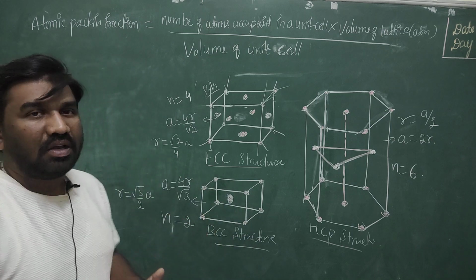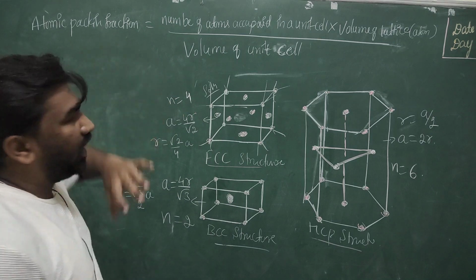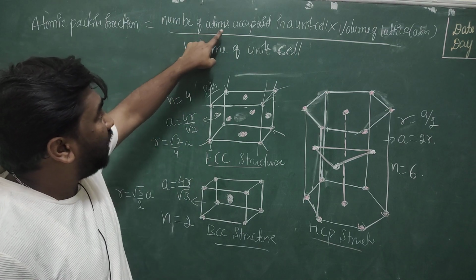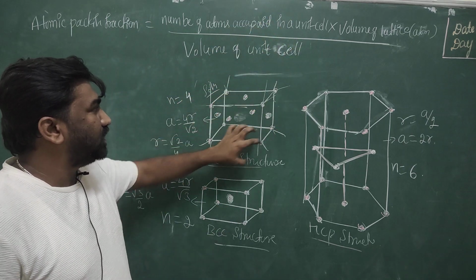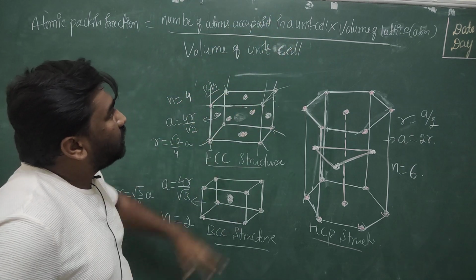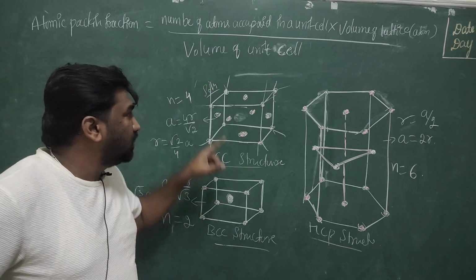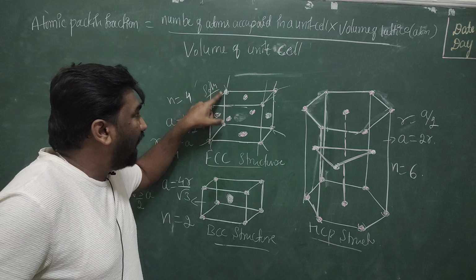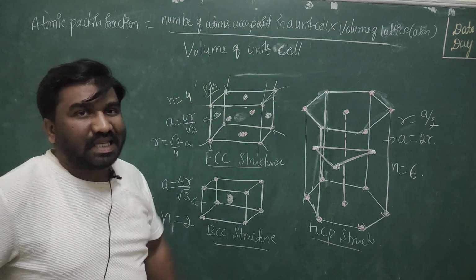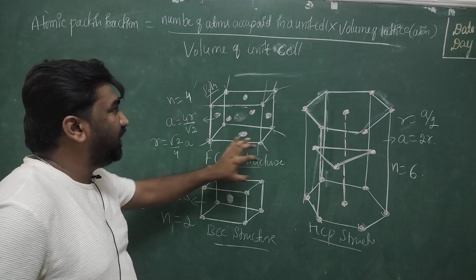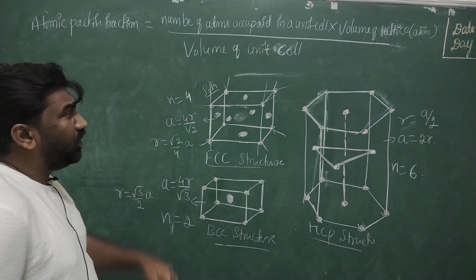So let's see how to calculate the packing fraction. The atomic packing fraction is equal to the number of atoms occupied in a unit cell, into the volume of lattice or volume of atoms, divided by the volume of the total unit cell. So what is this unit cell?